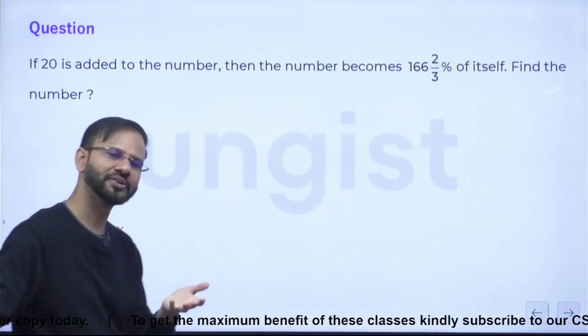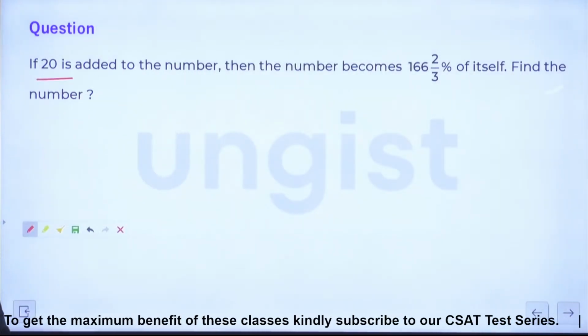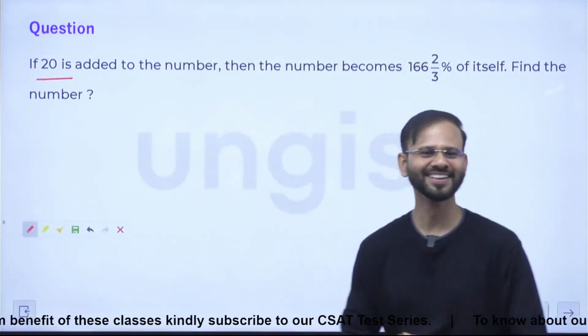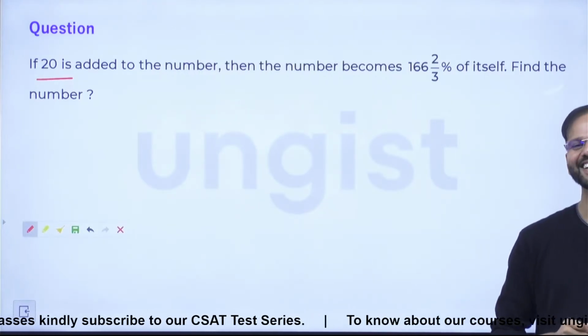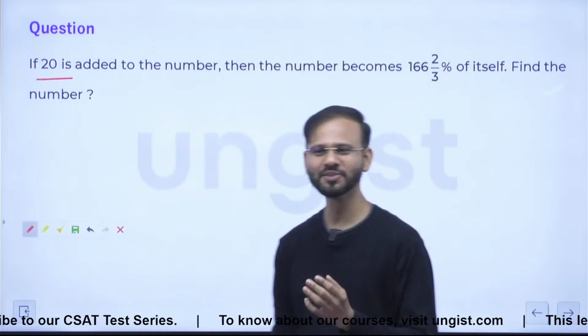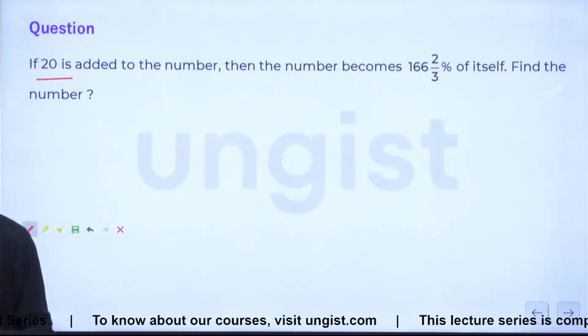What is 66 2/3? 2/3. What is 2/3? 20. What is the number? 30. Now, right? So you had 66 2/3. 66 2/3 is 2/3. 2/3 is 20. Right? So 1 by 1 is like 30.